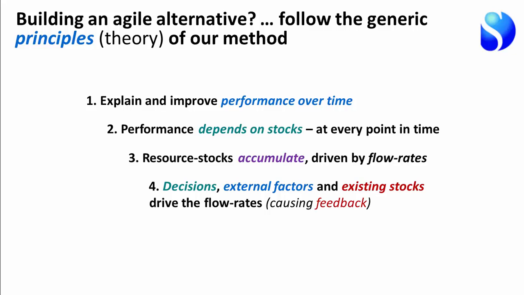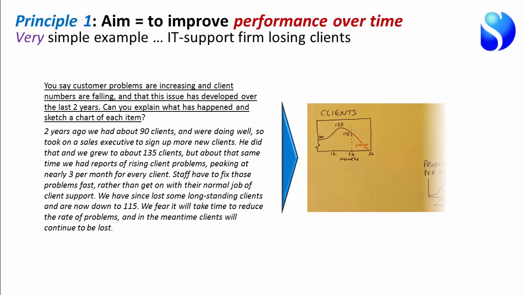That in a sense, I think, is the theory underlying our method, and I try to resist getting any more complicated than that. So this is the simplest possible case I could find of any that I've had done or been involved in, and it's a small IT support company working for mid-sized, smallish businesses.